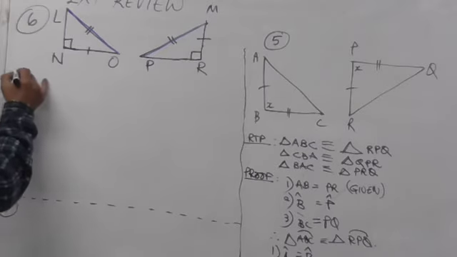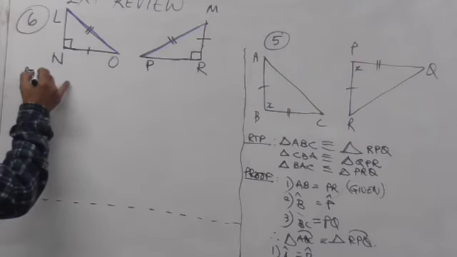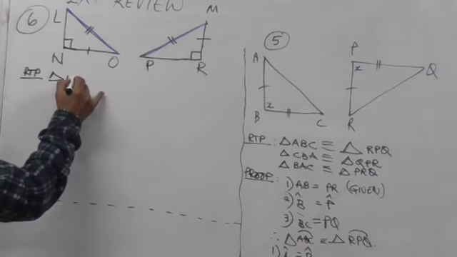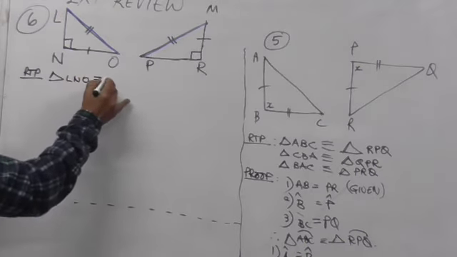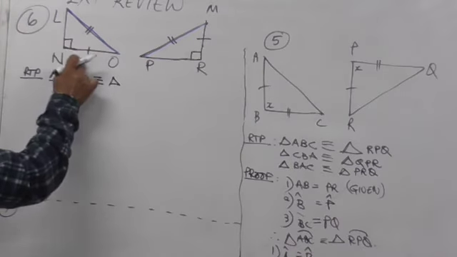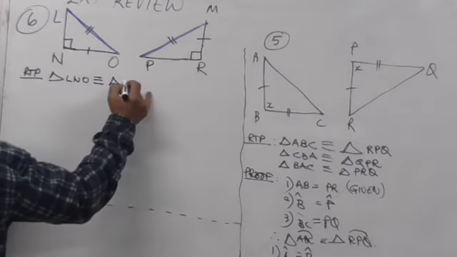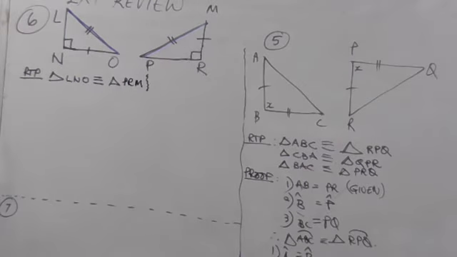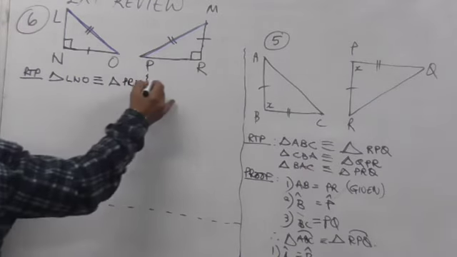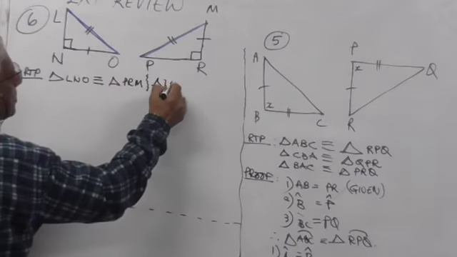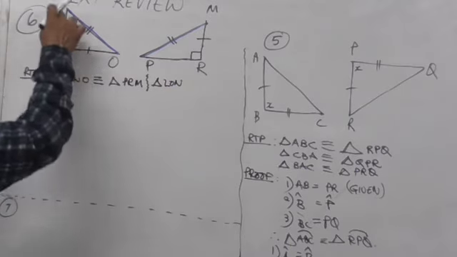So your proof. Required to prove triangle, suppose I do LNO, LNO is congruent to triangle blank 1. So blank 1 will be PRM. Somebody else may have chosen something else. Suppose somebody chose LON.